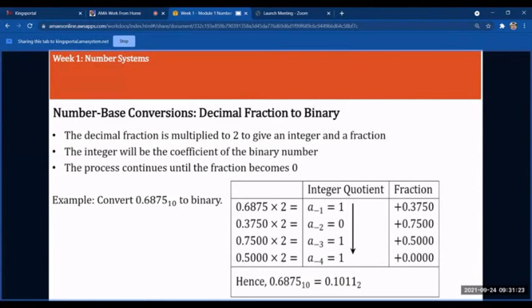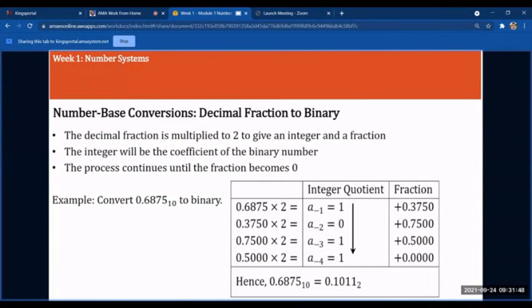So we will have here 0.6875 times 2. Then we will have 0.3750. So yung ating integer quotient would be 1. Okay, so we do that again, 0.3750 times 2. So we will have 0.7500. Ang ating integer quotient would be 0.